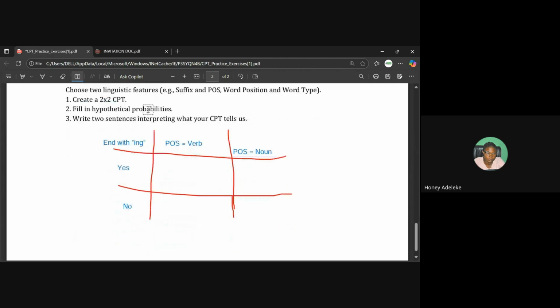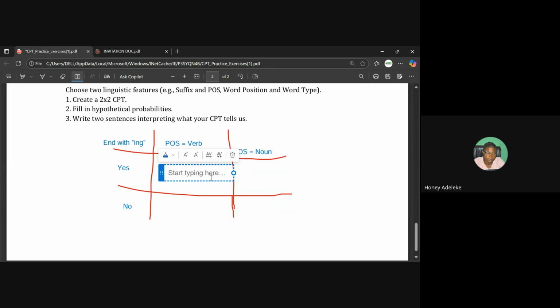This is a 2 by 2 conditional probability table. Then the next question is to fill in hypothetical probabilities. Just hypothesize it, think of it and give it a probability. Then the main question is the interpretation.